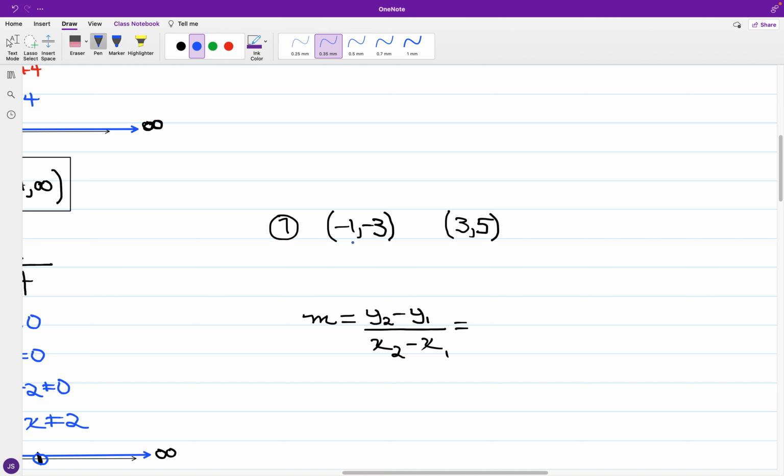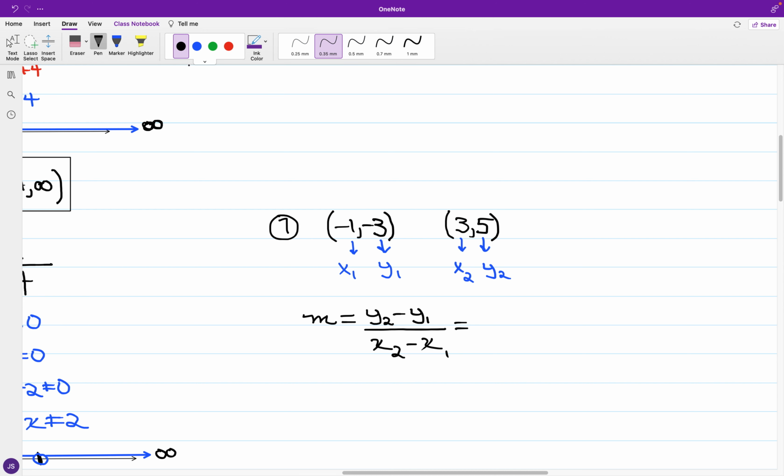Again, all ordered pairs are of the form x, y. Since negative 1, negative 3 is given first, negative 1 will be the first x and negative 3 will be the first y. With 3, 5 provided subsequently, we can say that x of 2 is 3 and y of 2 is 5.